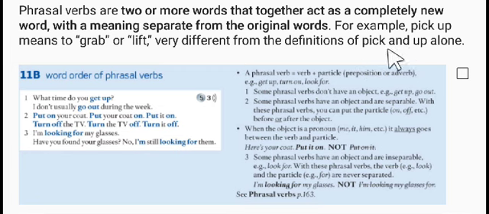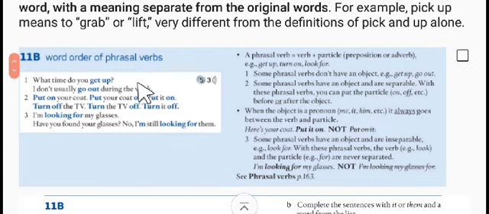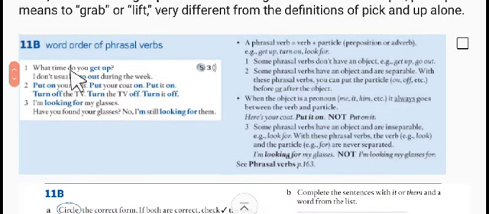که به صورت جدایی یا به صورت تک تکی بسیار تفاوت داره معنایش. Okay, now you understood the meaning and definition of phrasal verb. Let's get started with our main lesson. Okay, here we have 11B, word order of phrasal verbs.